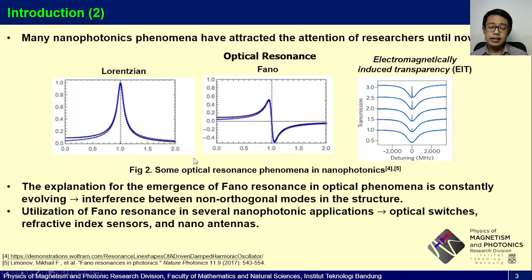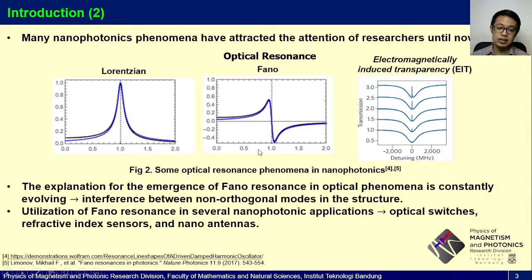Next. Initially, resonance was always formulated with a Lorentzian model which has symmetrical shape without interference effects in the system. In 1961, Ugo Fano discovered a new type of resonance in the quantum system, which is now known as Fano resonance.